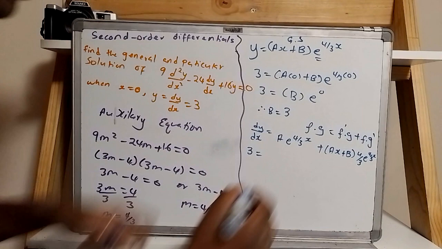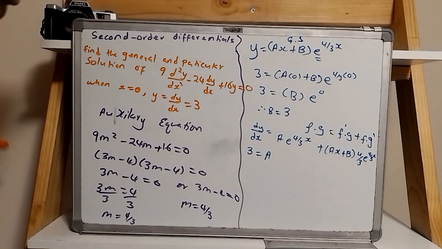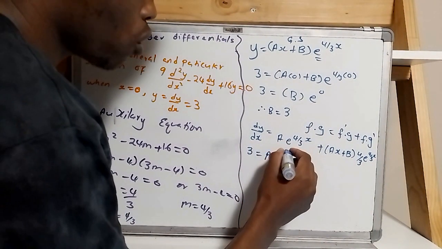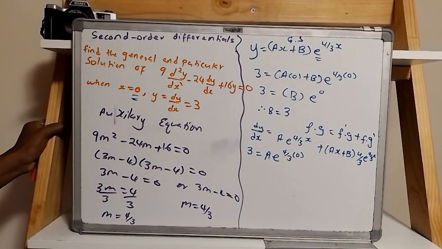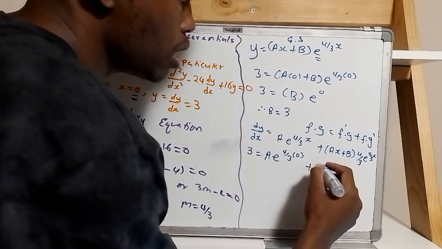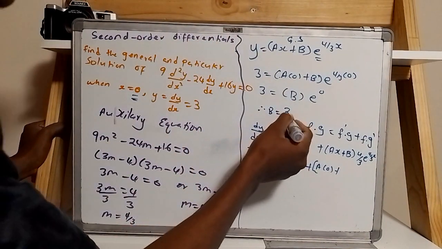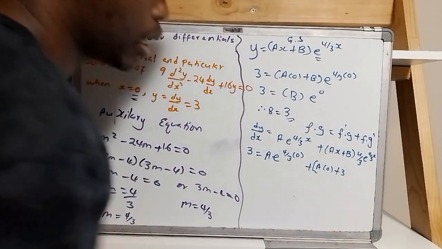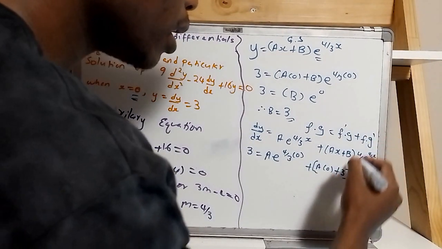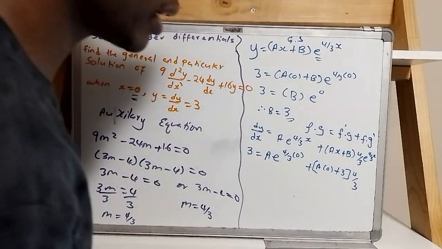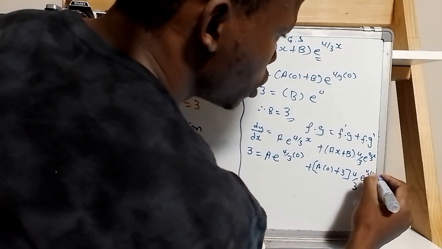This is equal to a, and I don't have the value of a, so substitute: e to the power 4 over 3 into 0, plus a into 0, plus we have the value of b, 3, times 4 over 3, e to the power 4 over 3 into 0.